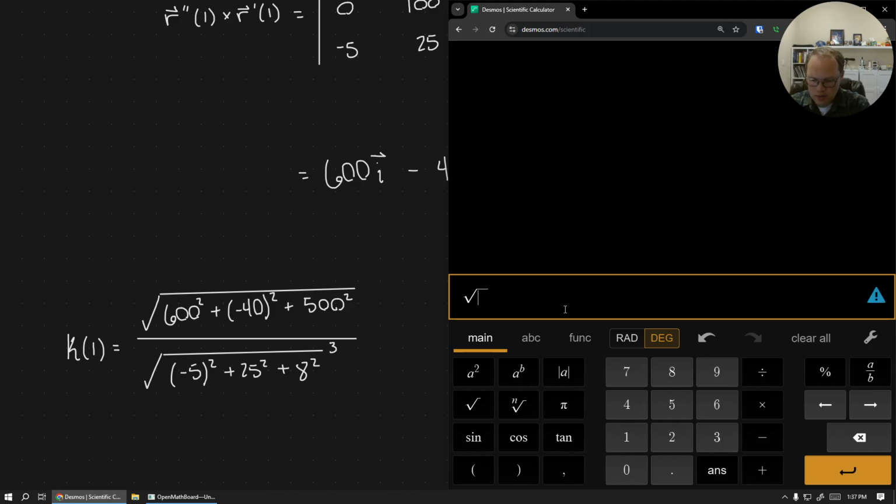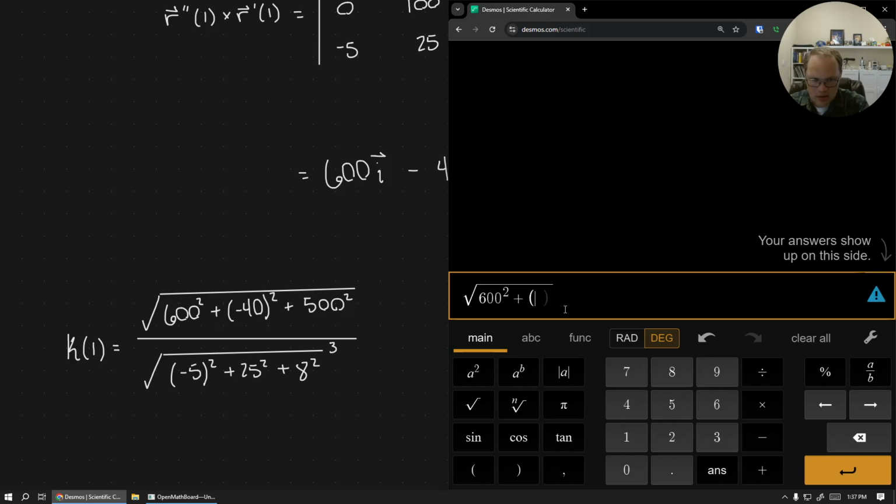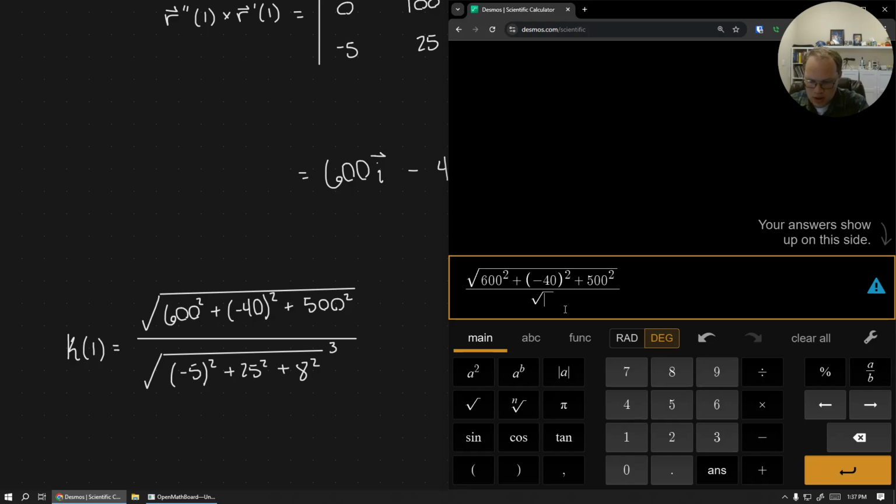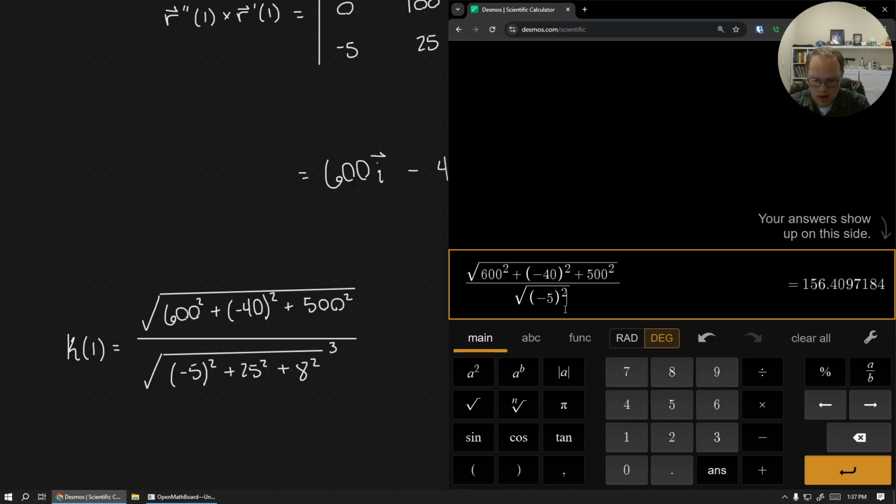I have the square root of 600 squared plus negative 40 squared plus 500 squared, and all of that is over the square root of negative 5 squared plus 25 squared plus 8 squared, and that square root in the denominator is cubed.